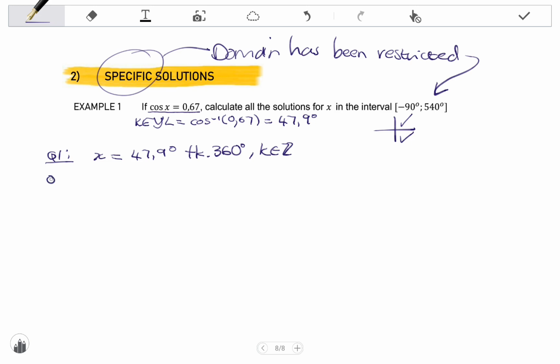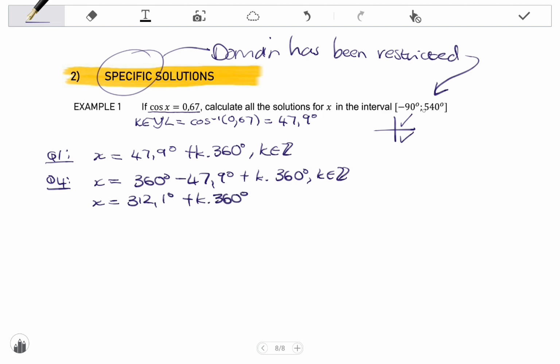In the fourth quadrant, I have that x is equal to 360 degrees minus the key angle plus k times 360 degrees. Now 360 degrees minus 47,9 is 312,1 degrees.